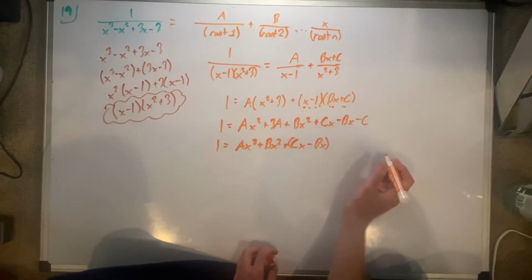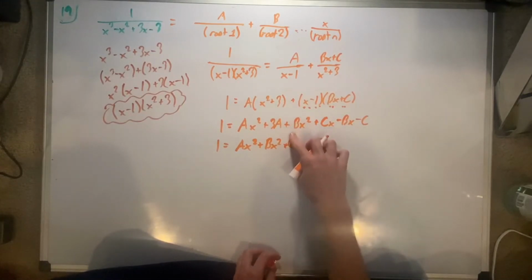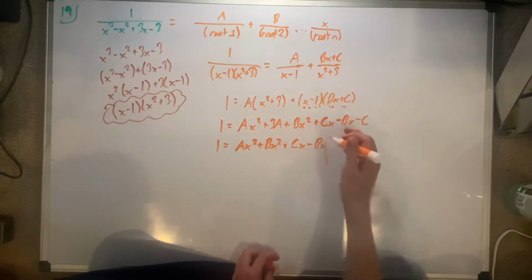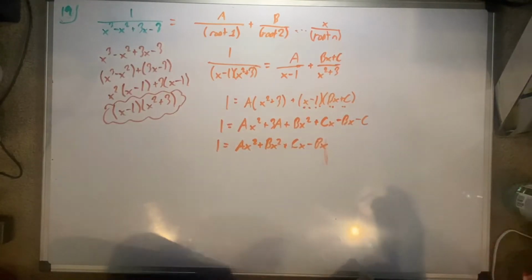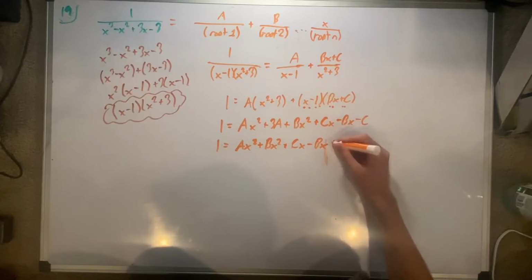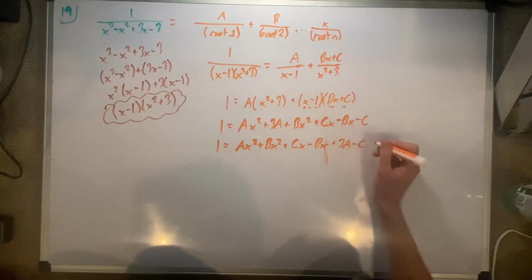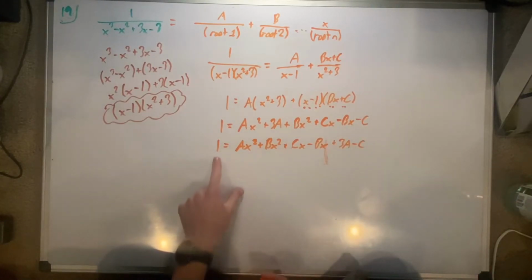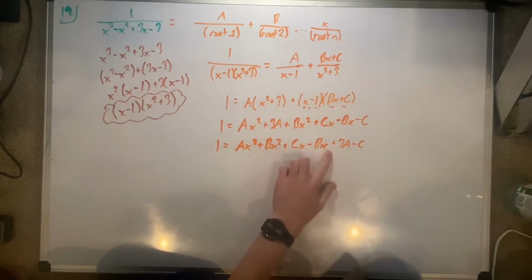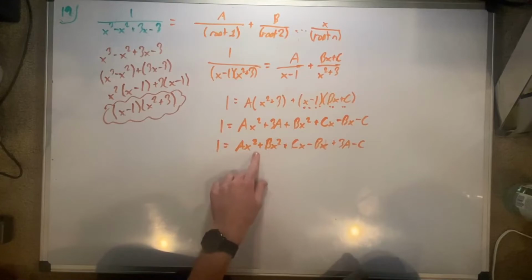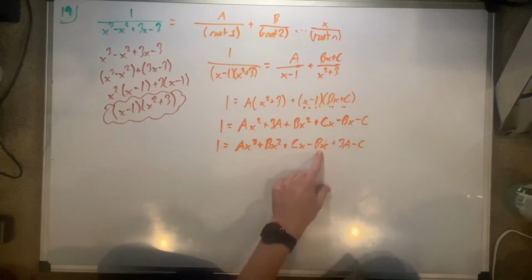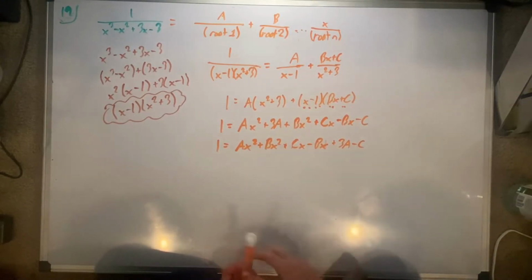So I'm going to go like this. You know what? I'm not going to put them in parentheses because I don't need to. And then I'm going to take the single values, plus 3a minus c. If you'll notice, our answer has no x squared values and also no x values, only 3a minus c values.